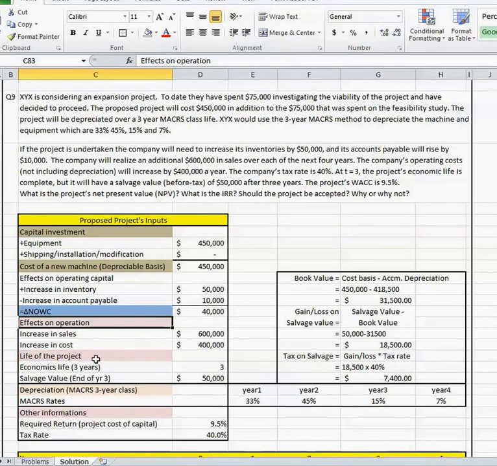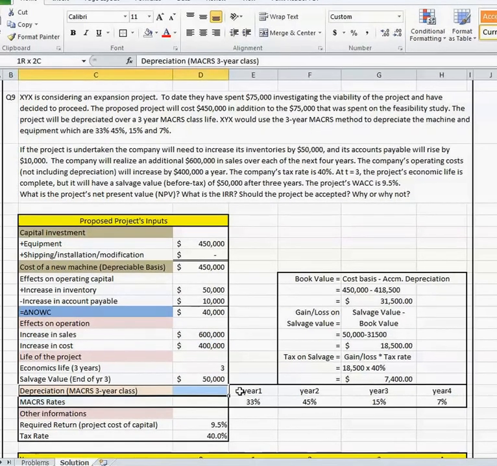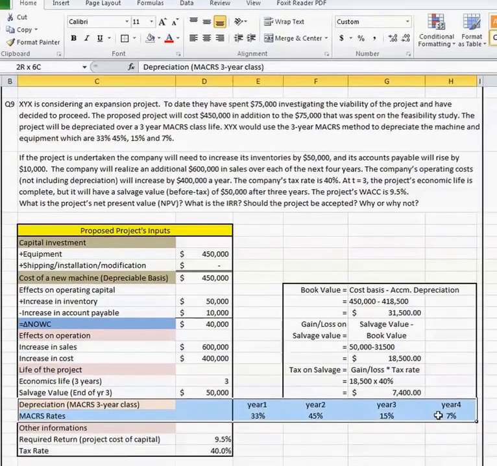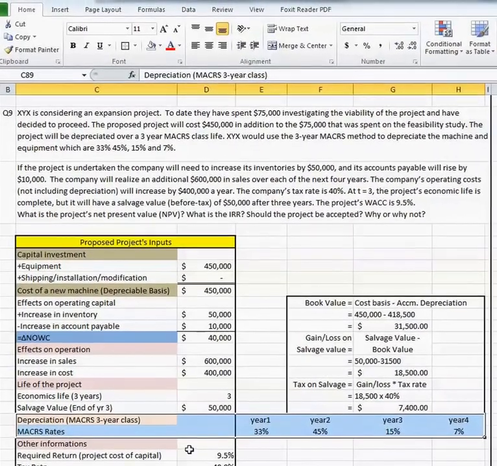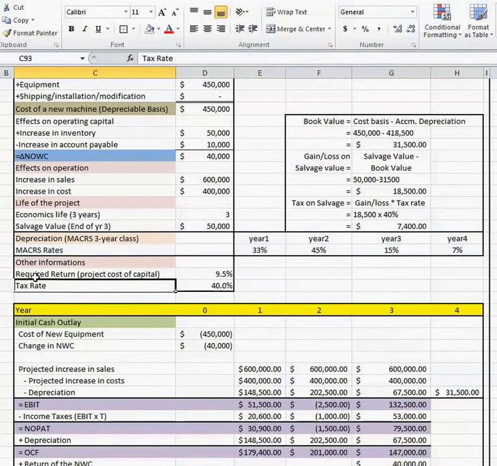So that's your revenue, and this is your cost associated with it. Definitely the life of the project is very important, as are the salvage value and the depreciation method. Here in this case we are using MACRS. Other information you need to know is the tax rate and then the cost of capital.